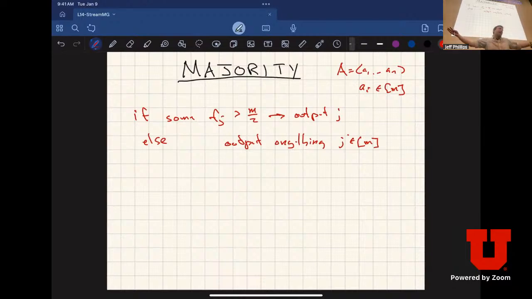I can have a lot of IP addresses, but if something is a strict majority, more than half, then I need to report it. If there wasn't a majority, I can return anything.